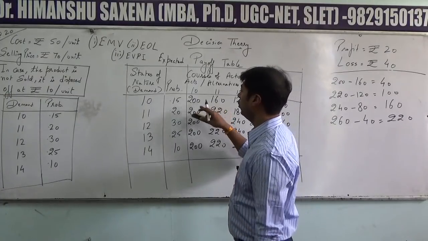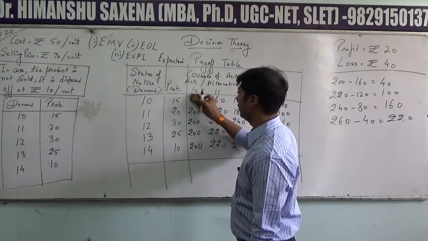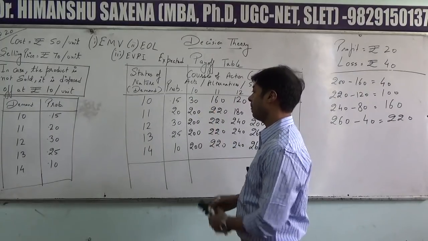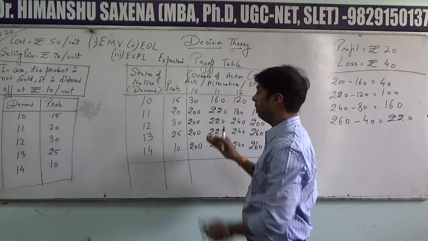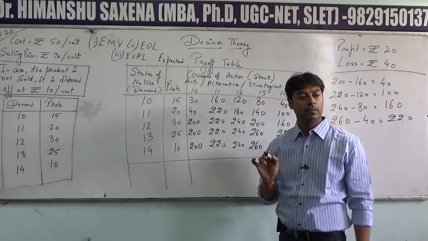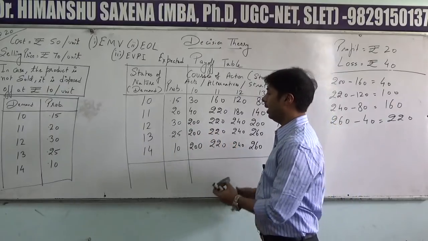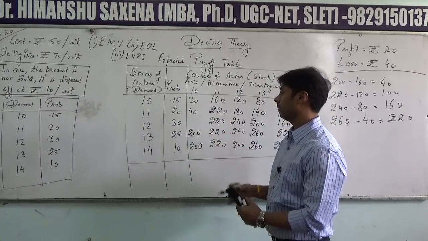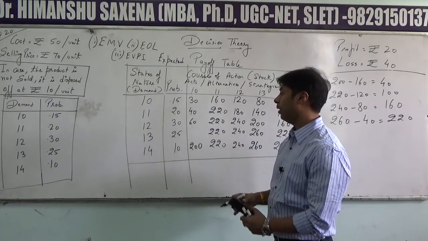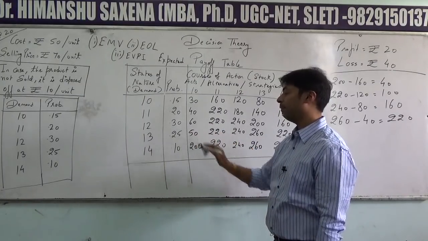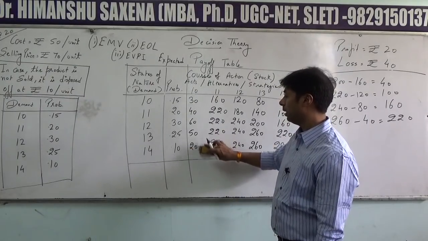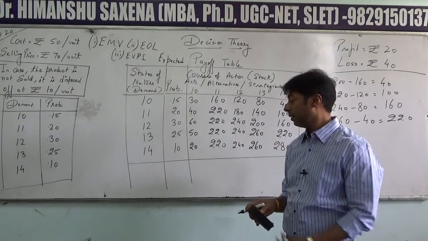If you multiply 200 by 0.15, the new value that you will get will be equal to 30. 200 multiplied by 0.20 will give you 40. 200 multiplied by 0.30 will give you 60. 200 multiplied by 0.25 will be 50. 200 multiplied by 0.10 will give you 20.